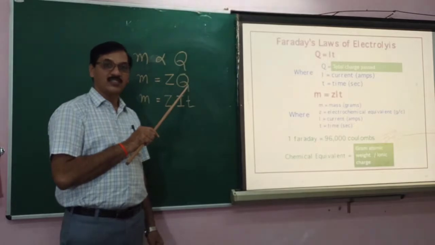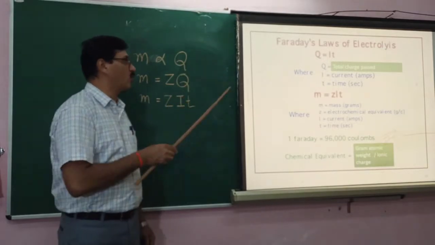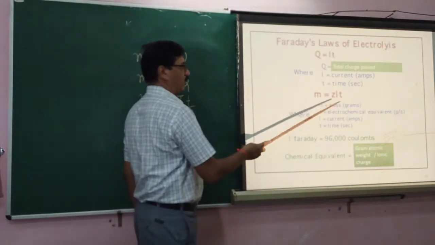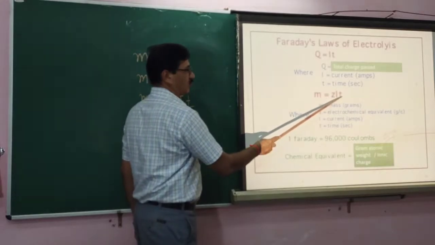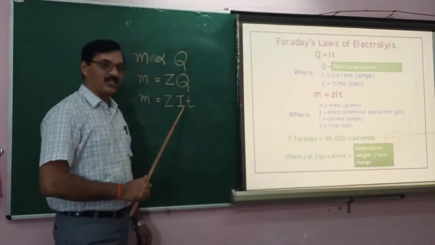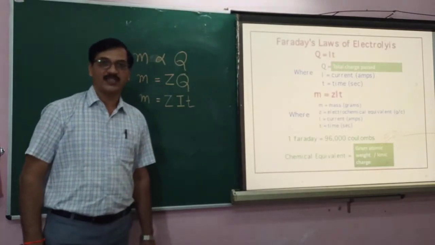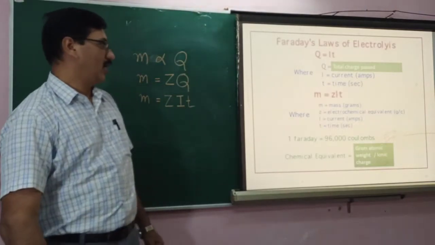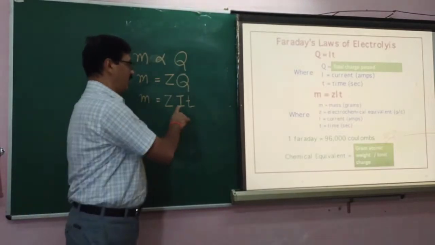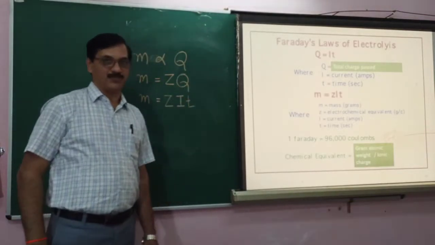So Q is given by Q is equal to IT. Therefore, substituting, M is equal to ZIT. Remember that I should be in amperes and T should be in seconds, so that you get Q in coulombs.